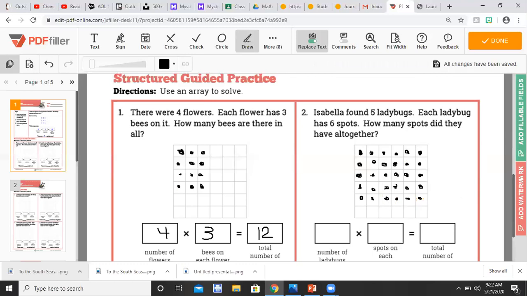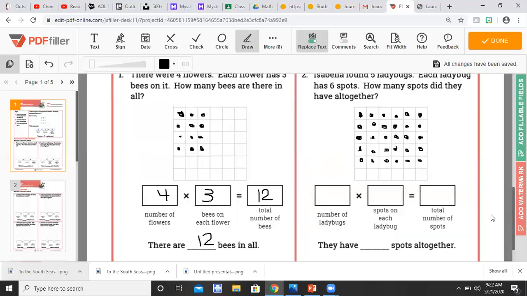So we have the number of ladybugs, which is 5. The spots on each ladybug, which is 6. And then the total number of spots, if I were to count all of this together, the answer would be 30.